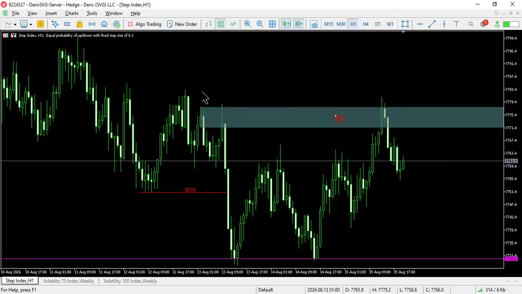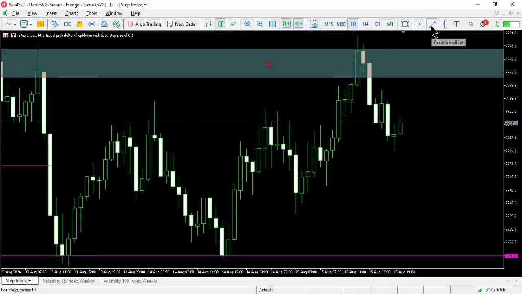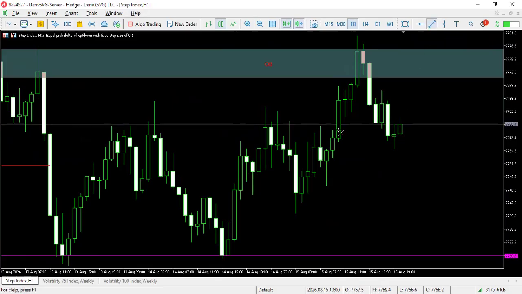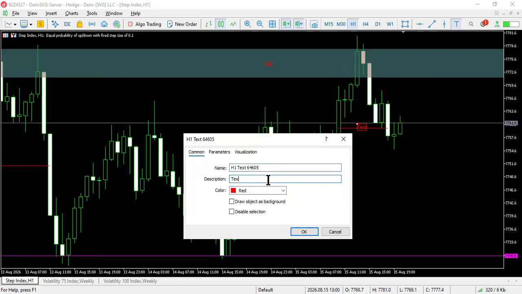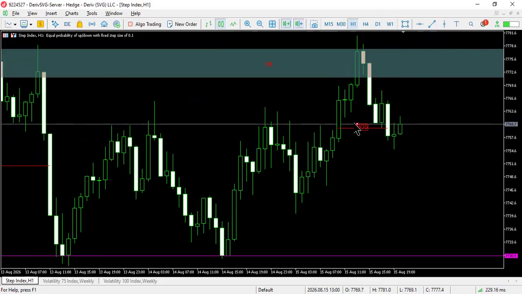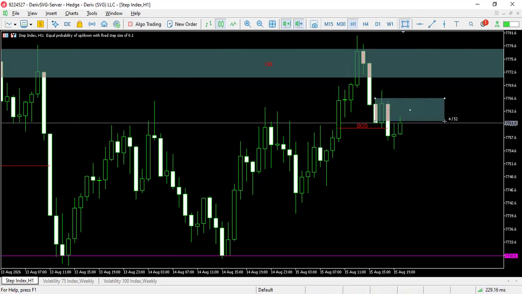Now, if you want to get into this trade, since it's already happening, let's try to see if we can get a break of structure. So we have a break of structure right there. And then the order block which caused the break of structure from the 1 hour time frame.